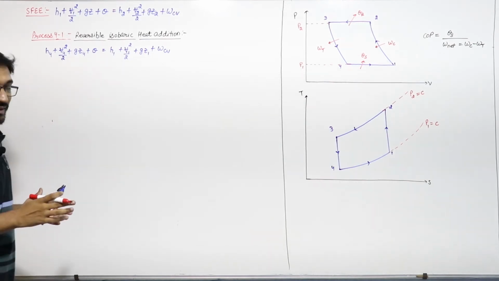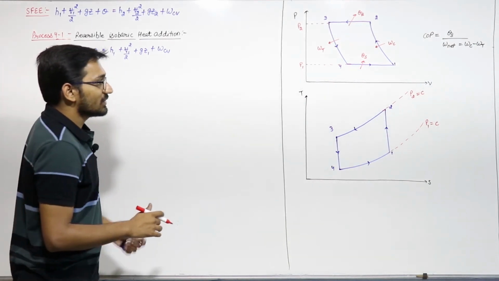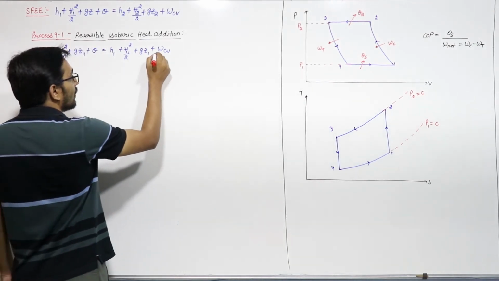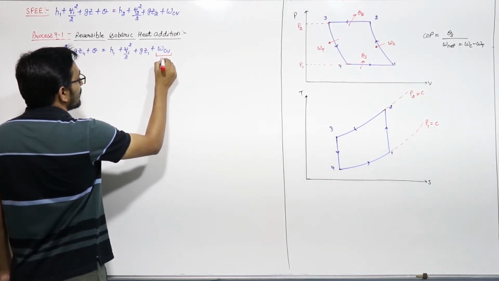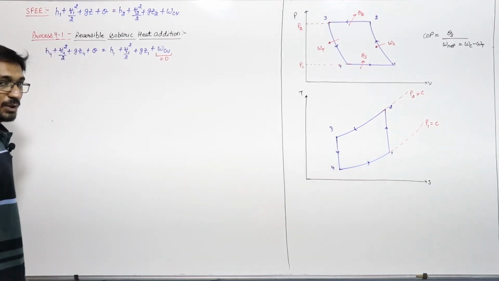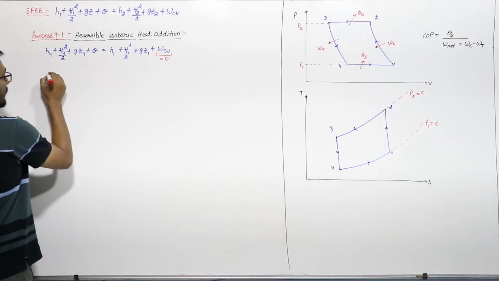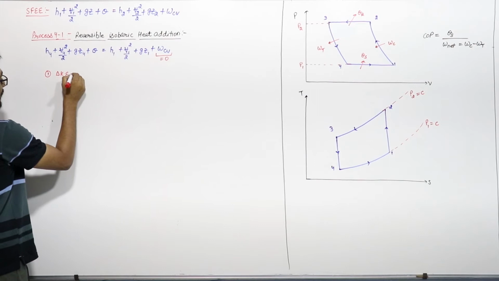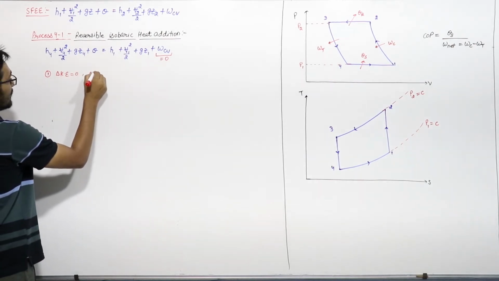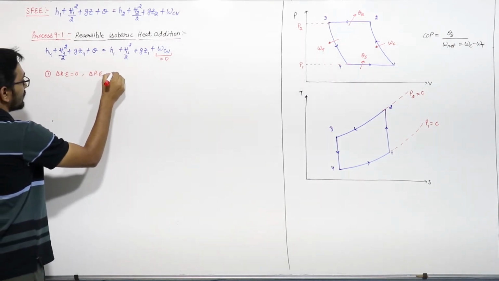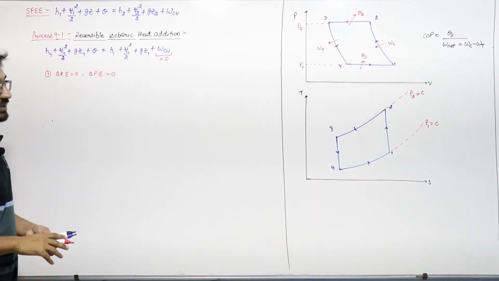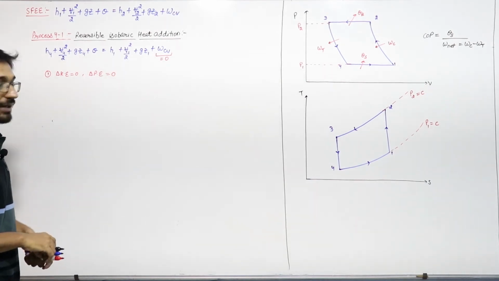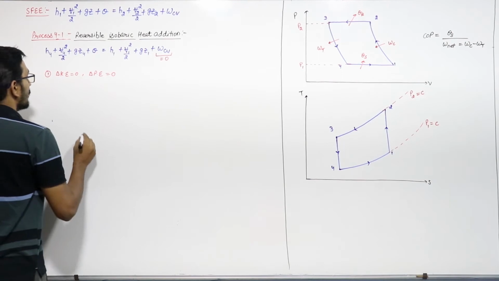And this is a process in the heat exchanger, so there is no work done, WCV is equal to 0. The first assumption is the same, that changes in kinetic energy and changes in potential energy are 0.